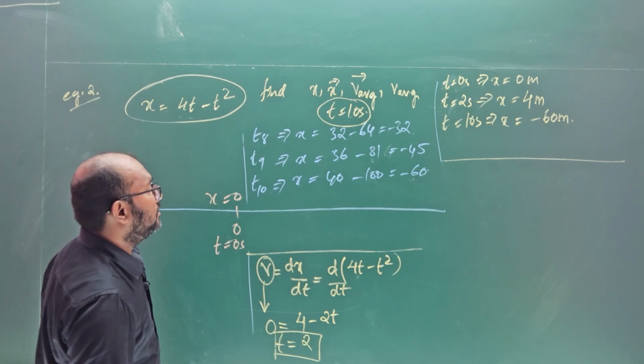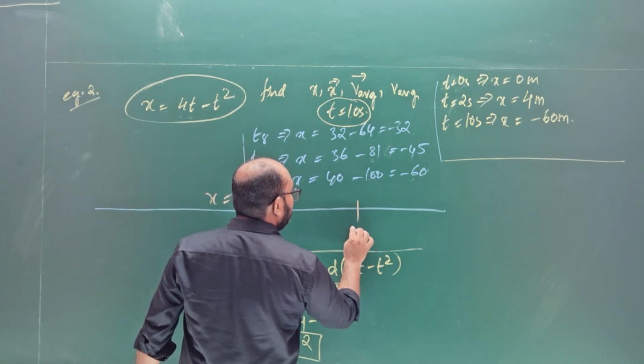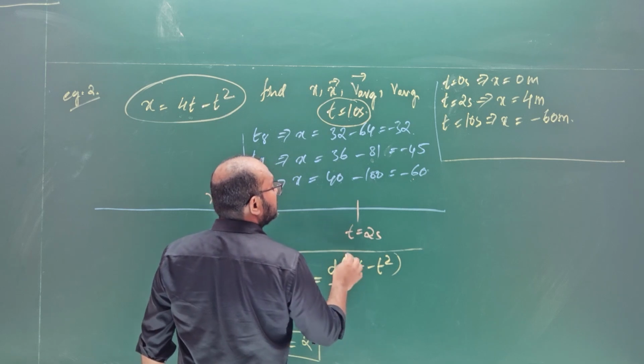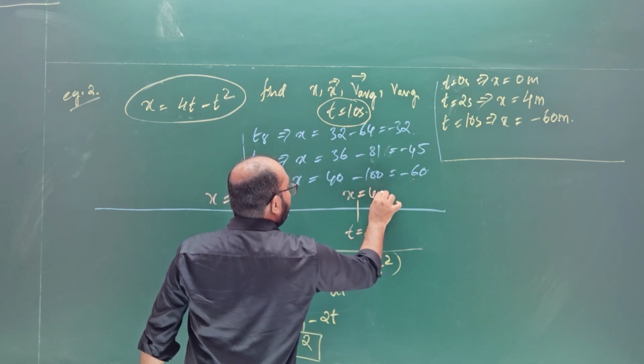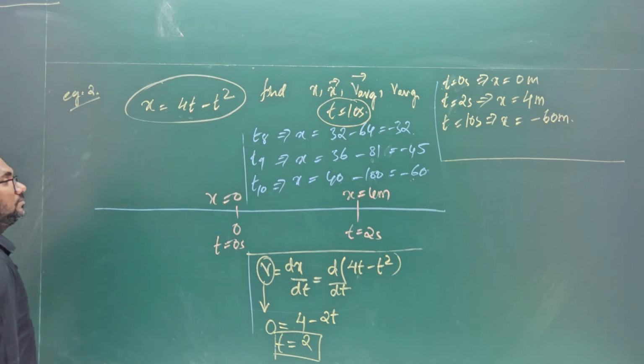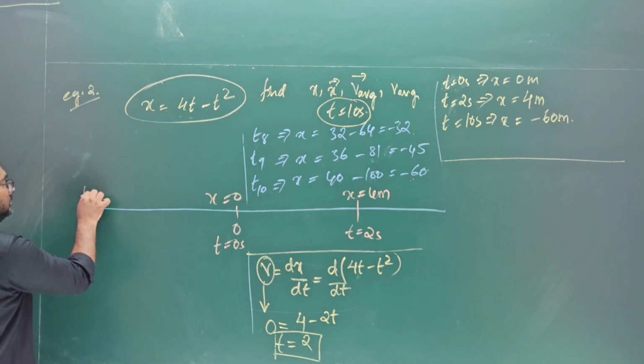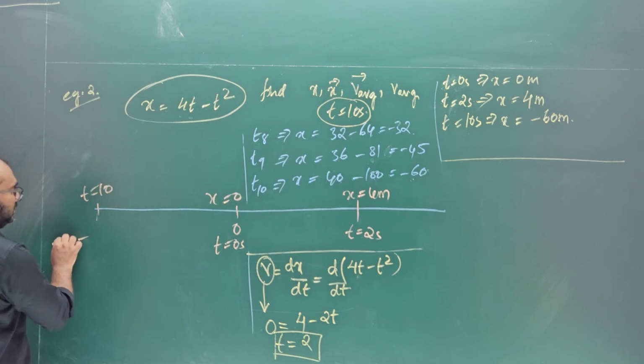At t equals 2 seconds, the object is at 4 meter. Then at t equals 10 seconds, the object is at x equals minus 60.